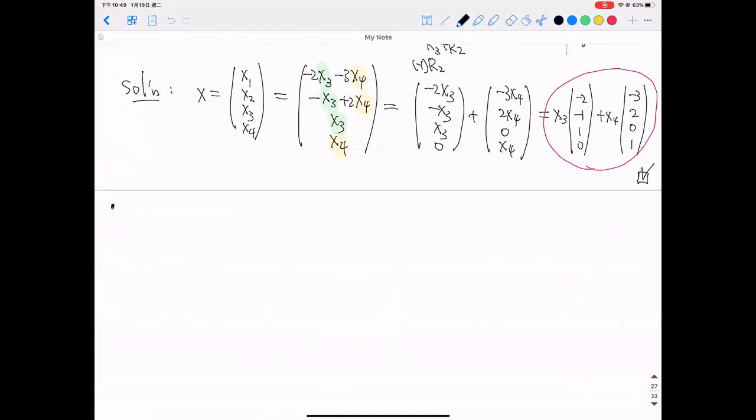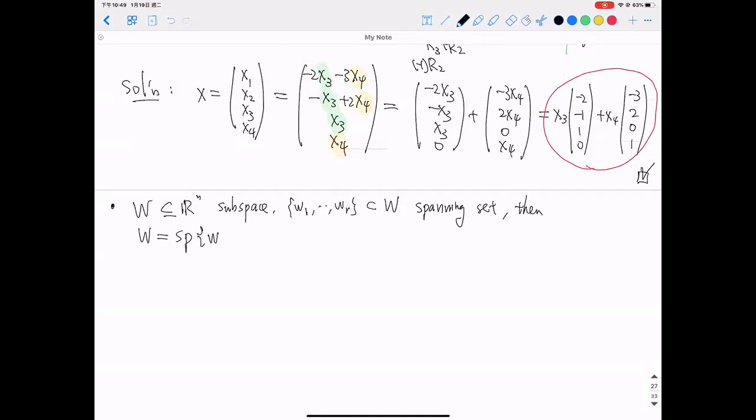Let's say we have a subspace W. A collection of vectors W1 through WR is called a spanning set if the span of these vectors is W. Right, so W is the span of W1 through WR.